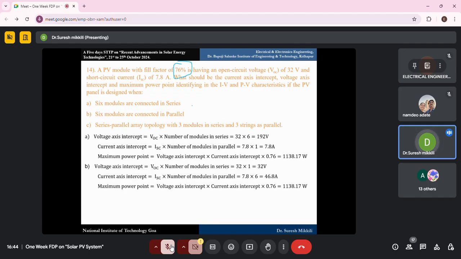So three modules in series, 3 by 3 structure, series parallel, three strings in parallel.